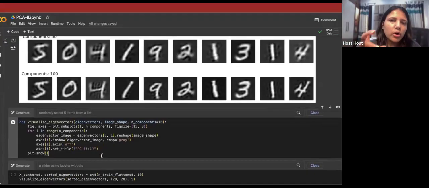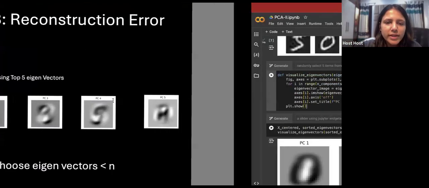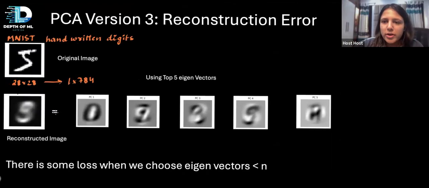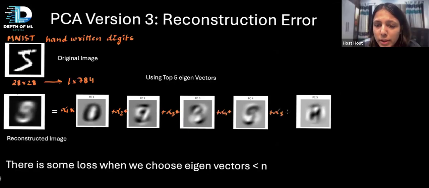You can actually plot the eigenvectors and see what information those eigenvectors are retaining. Eventually, whatever image you're generating will be some linear combination: alpha 1 into PC1 plus alpha 2 into PC2 plus alpha 3 into PC3 plus alpha 4 into PC4 plus alpha 5 into PC5.